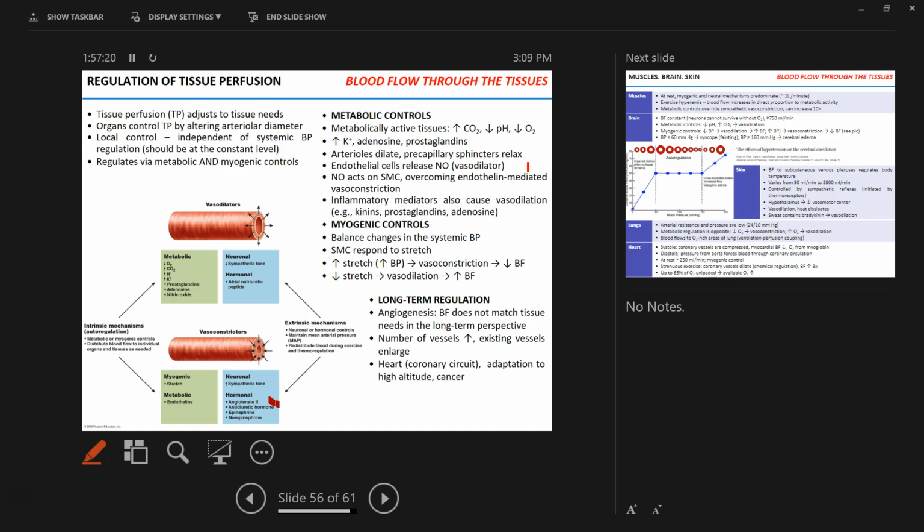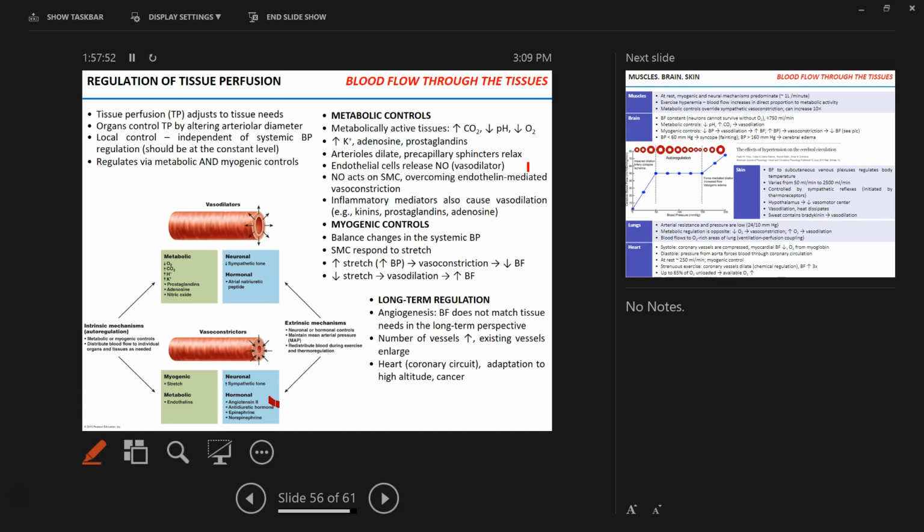So we have systemic control of cardiovascular system, right? What is the most important systemic parameter, measurable systemic parameter in cardiovascular system? We can measure it. Blood pressure. So cardiovascular system, in terms of homeostasis, tries to maintain blood pressure constant. Does that make sense? On the local level, though, the most important thing is the tissue perfusion.